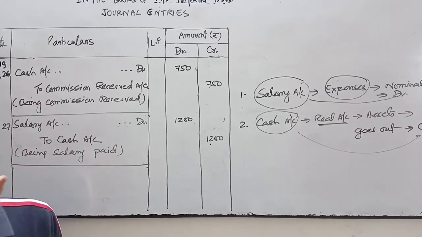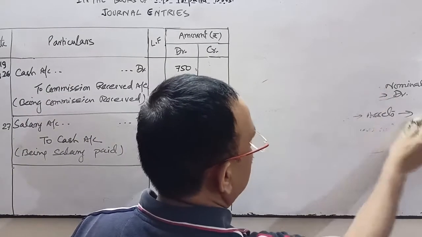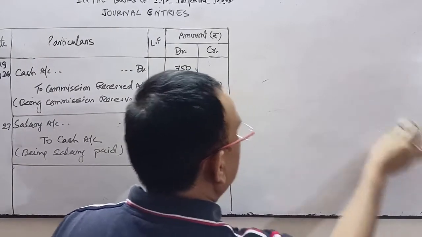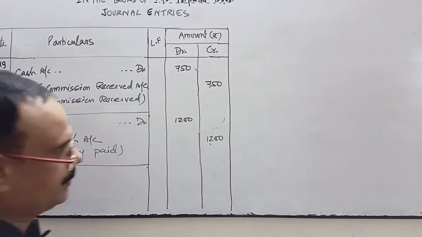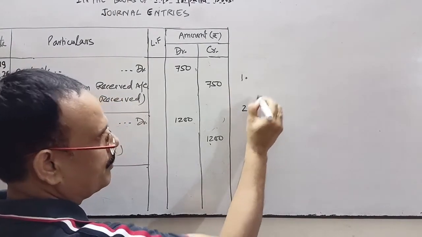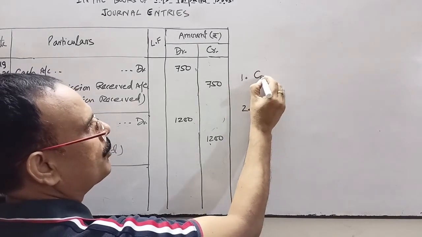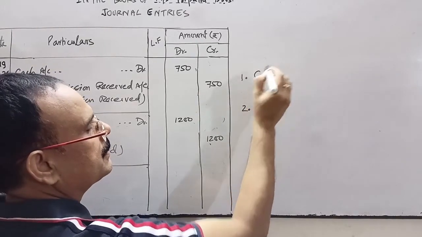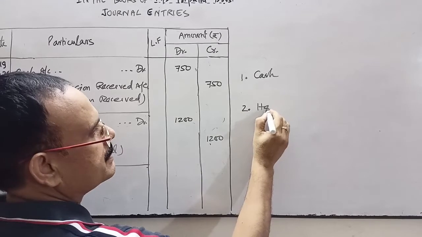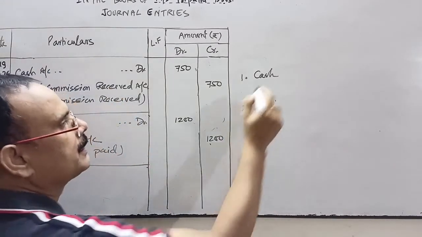The next transaction is received cash from Hari. You have received the cash from Hari. Now it's your turn. Received cash from Hari. Which accounts will be opened? Cash account, and who has given the cash? Hari. The two accounts will be operated by us.